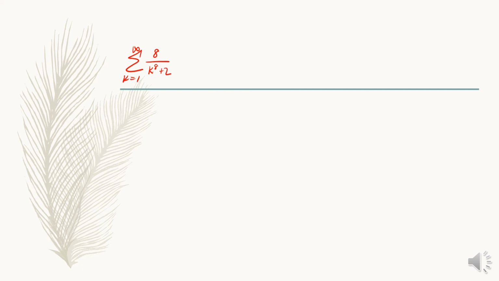So what does this look like? Well, to me it looks like 1 over k to the 8th. Looks an awful lot like that, and I know this one converges because my p there is 8, which is greater than 1. So let me do my limit comparison test with 1 over k to the 8th.